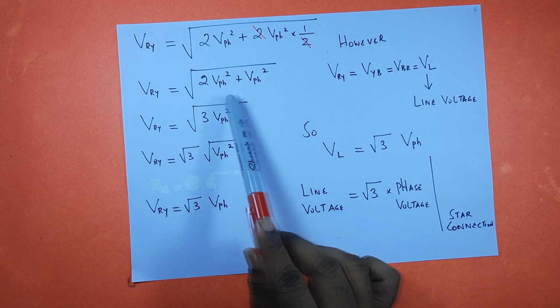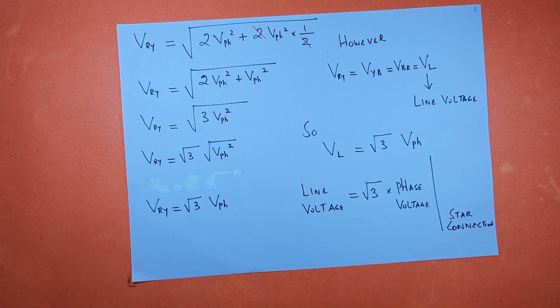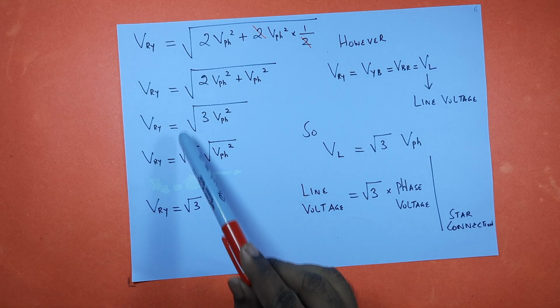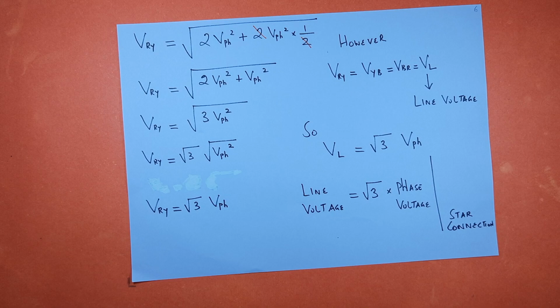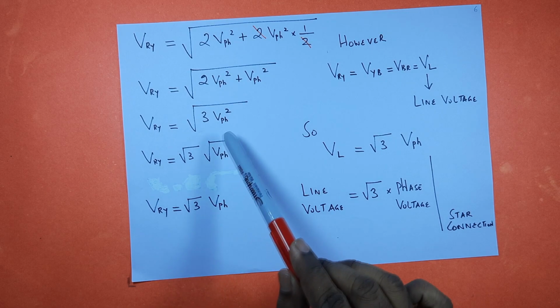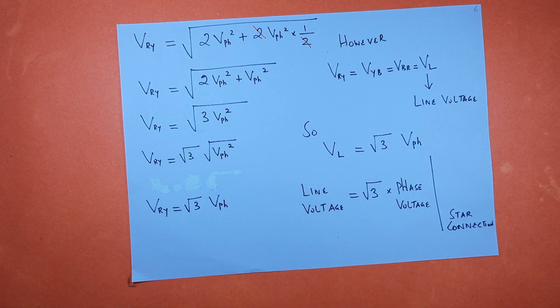VRY equal to square root of 3 V phase square. I separate this into two parts: VRY equal to square root of 3 multiplied by square root of V phase square. So this will remove the square. So VRY equal to root 3 V phase.